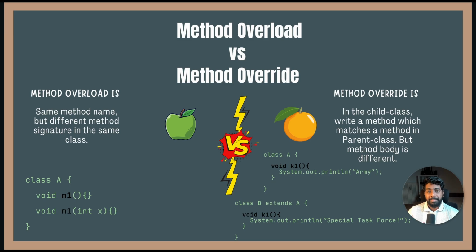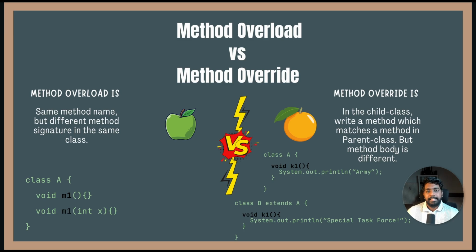Method overload and method override, when we write them on paper, they look the same, but they are completely two different things. It's like apples and oranges. Method overload is the idea where you use the same method name inside the same class. It's as simple as that. But method override involves inheritance or the parent-child setup.